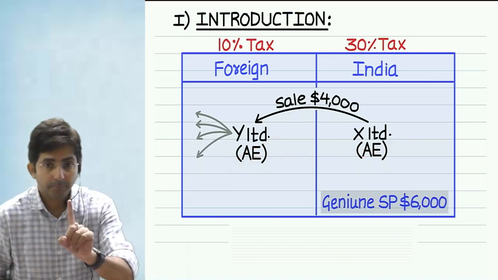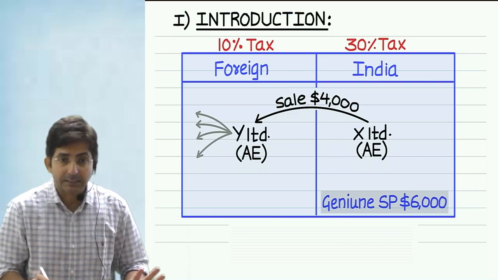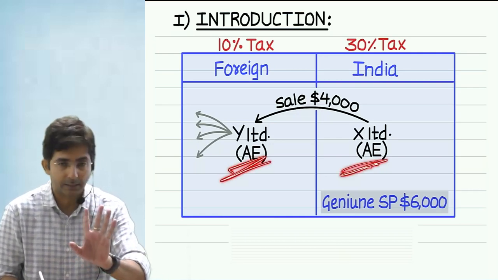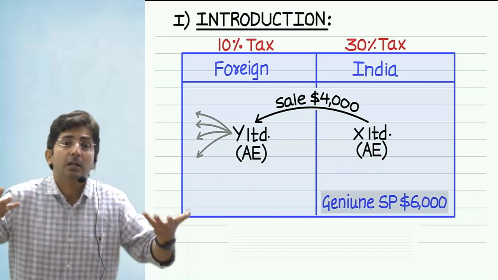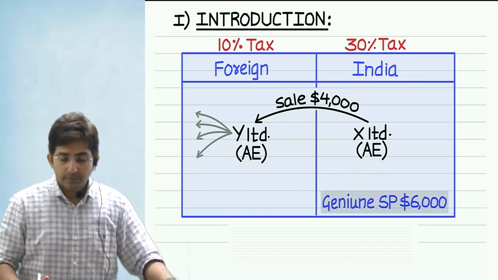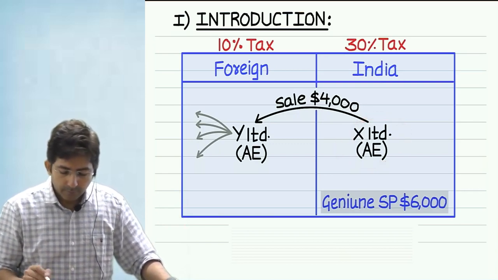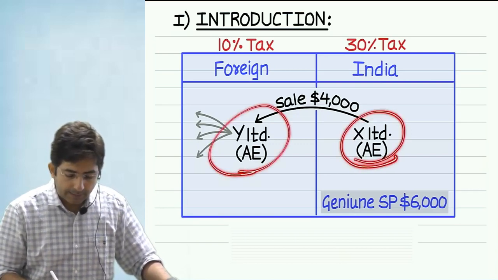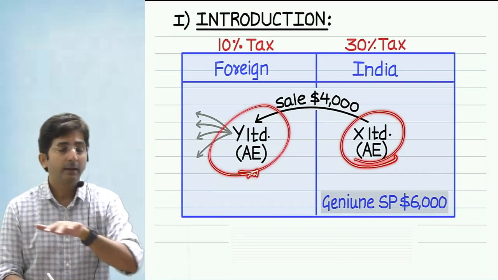One more thing. There should be a transaction between associated enterprises. That is one thing. The second thing is, it should be a transaction of international level. The transaction between X and Y, firstly, it should be a transaction between two associated enterprises.